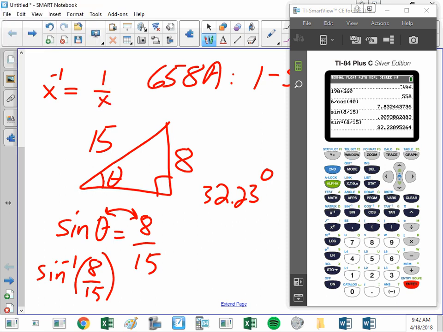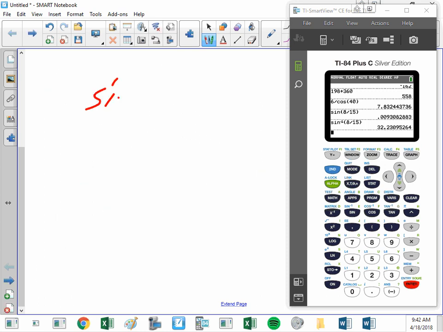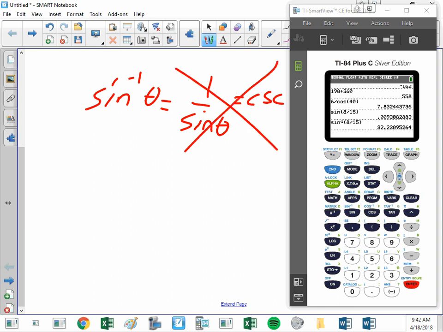So in reality, sine to the -1 of theta would be 1 over the sine of theta, which is the cosecant. And that's not true. When we say sine to the -1, we mean inverse sine. So we use a convention that breaks our own rules. Okay? So sine to the -1 does not mean cosecant. It means you switch the angle and the ratio.